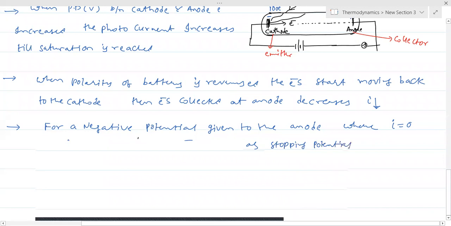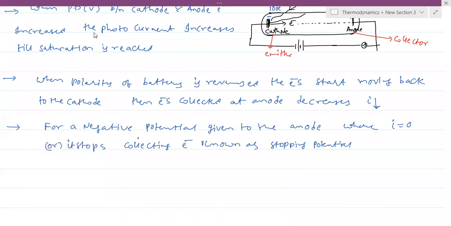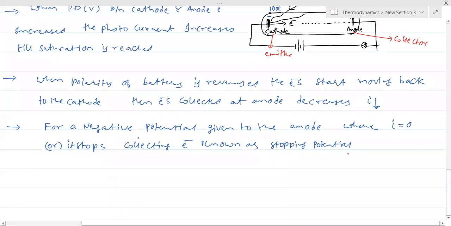We generally represent the stopping potential by V naught.